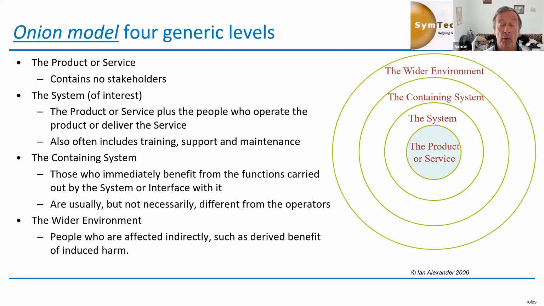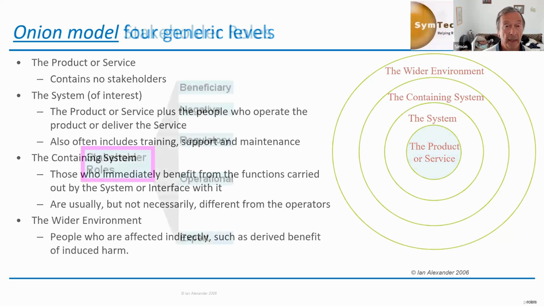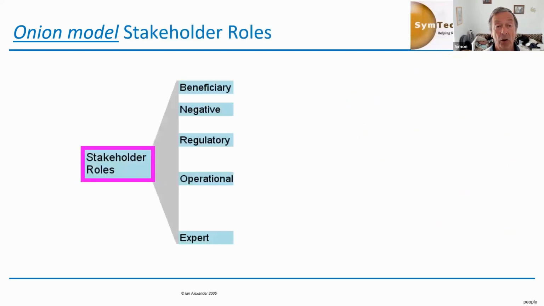Now, these are people who are affected indirectly, who, if you like, derive benefit rather than actually are functional beneficiaries, or induced harm, things that could harm people by the use of the product or the system. That's the generic 4 levels. And then Ian Alexander gives us various generic stakeholder roles.